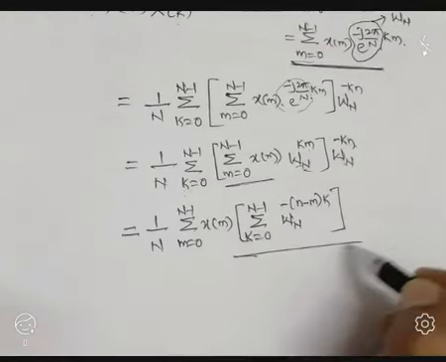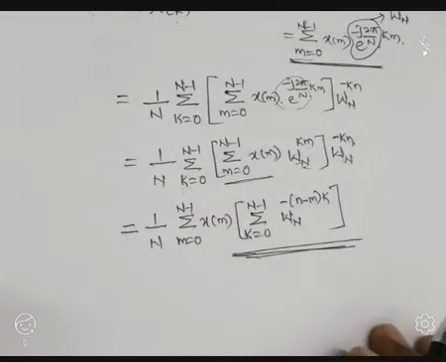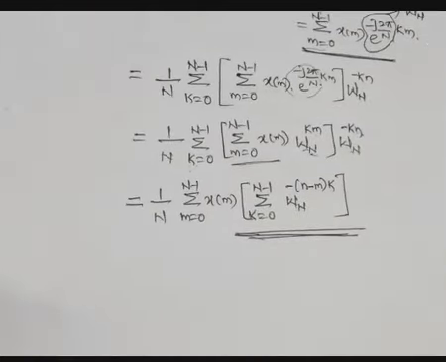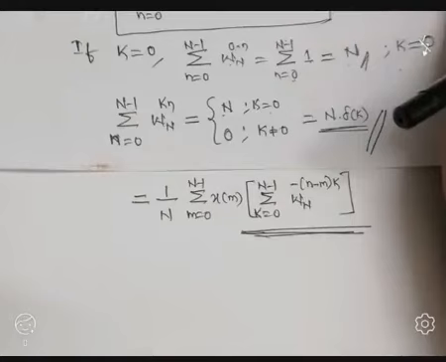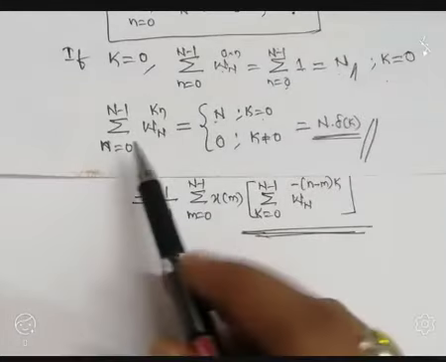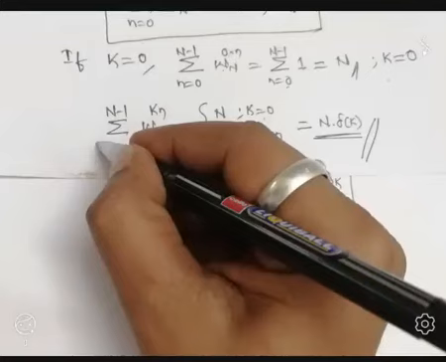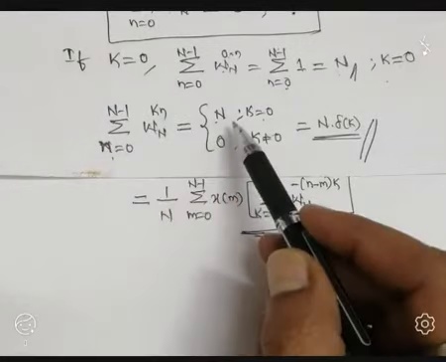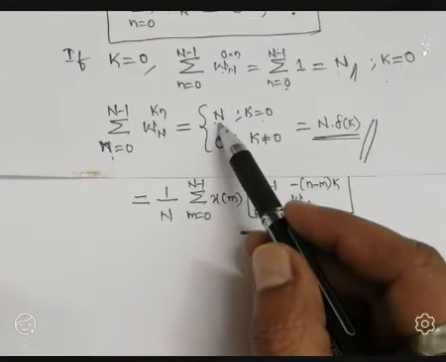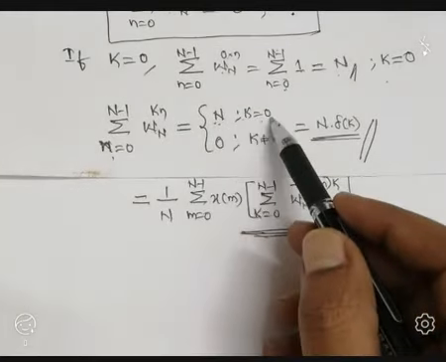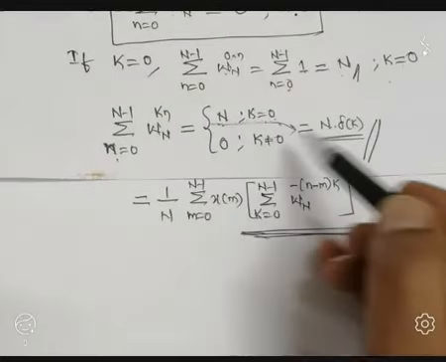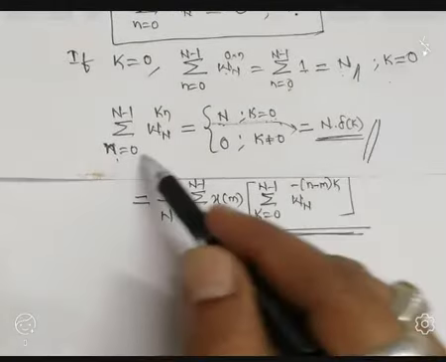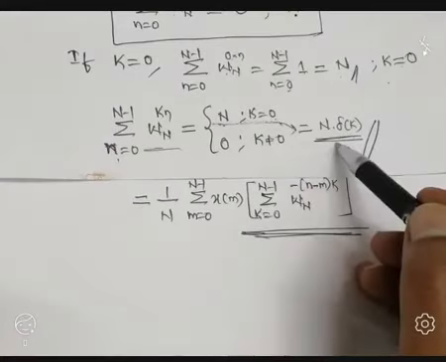Then what is the value of the term inside the square bracket? As I told, we discussed one example. Let us make use of this example. See here, summation small n equal to 0 to n minus 1 w of n to the power kn equal to n. We are getting the answer n for k equal to 0. This we wrote as n into delta of k.